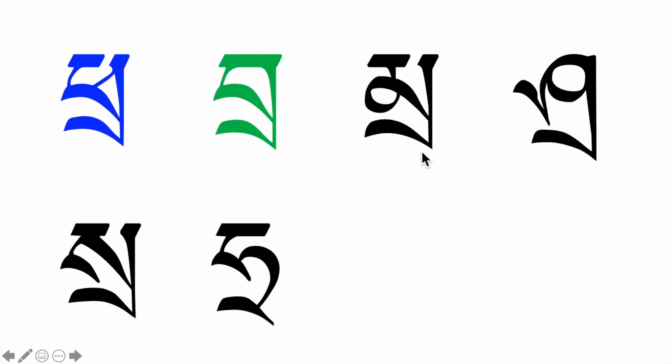It's hard to pronounce, but you can say ma rata mra. It's not easy to pronounce. Ma rata mra, sha rata sha, sa rata sa, ha rata ra.